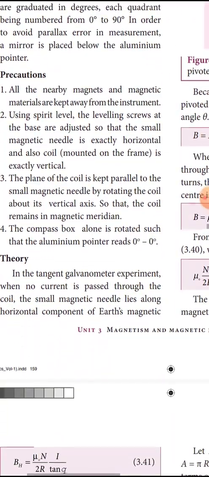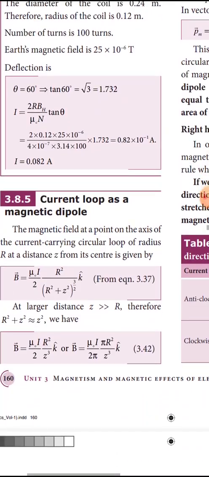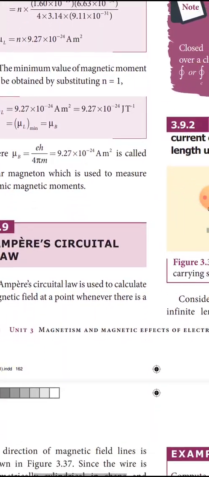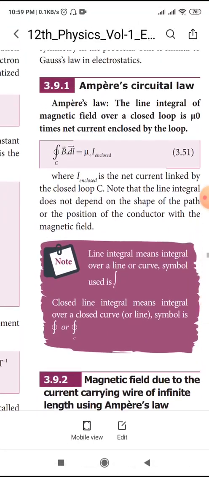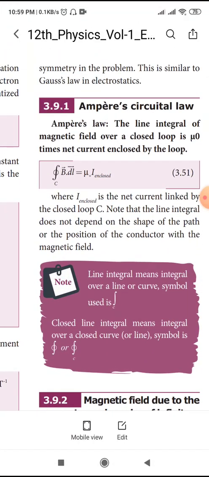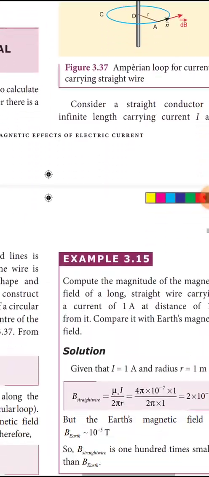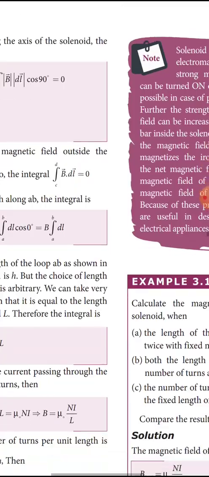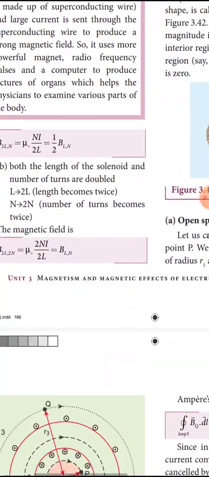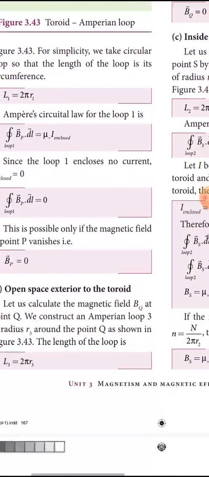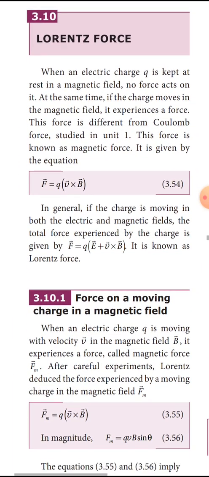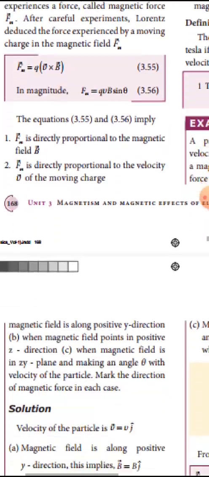And the tangent law, what is the tangent law you should prepare, and Ampere circuital law. Ampere circuital law is given along with equation 3.51, you have to write. And cyclotron, toroid, Lorentz force F vector is equal to Q into V vector cross B vector.